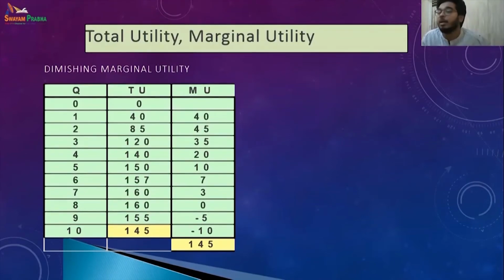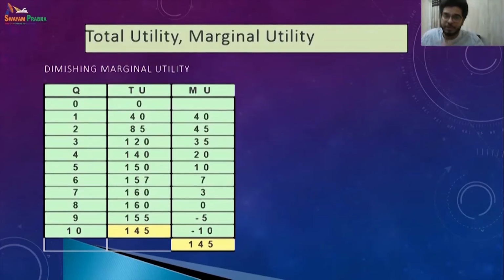Ninth to tenth, I cannot have it. I'm throwing up. So simply, your satisfaction increases, but only till a certain level, and then it does not increase anymore. At the same time, if you see the marginal utility, 40 to 45, a minute increase. After that, it is continuously decreasing.